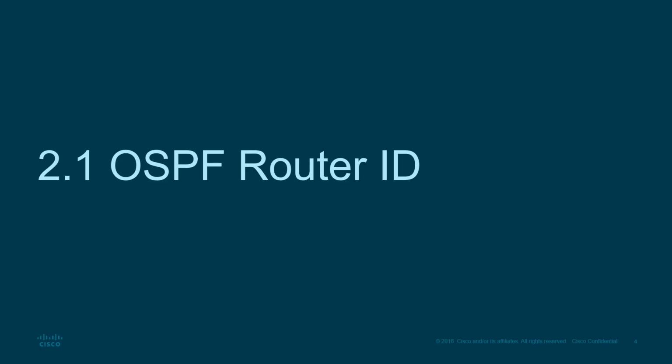Remember? So this basically means we're going to have a reference area, which is area 0, also known as the backbone area. Now, this area is extremely important in the OSPF hierarchical design, because it is the only area that can inject the optimal routes from one area into another area. So that basically means area 0 is the area that holds everything together.